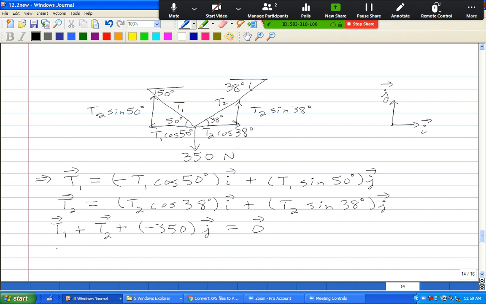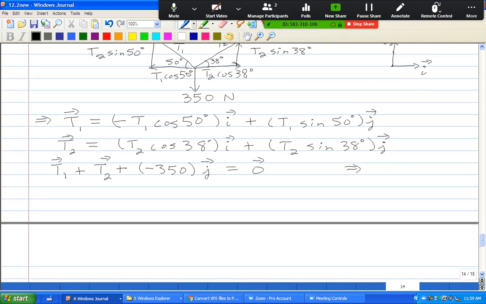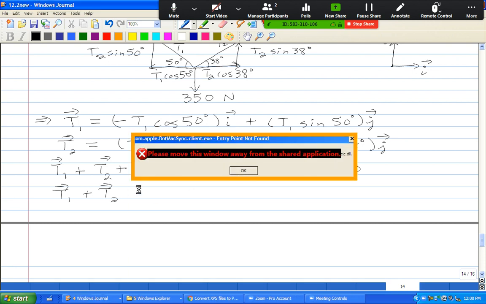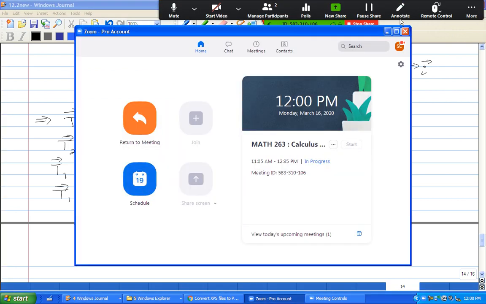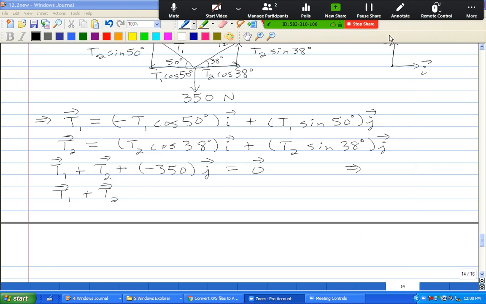So I have that T1 plus T2 is equal to 350 J.